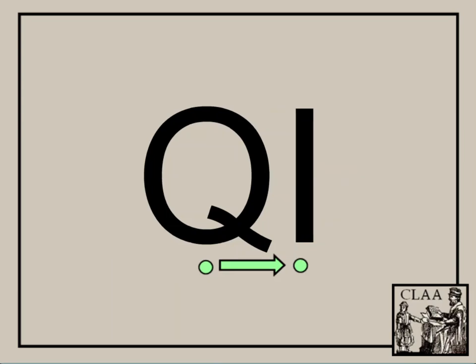Now let's read a syllable that begins with the consonant Q and ends with the vowel I. Point to the green dot under the consonant Q and read this syllable with me. Ki, ki, ki.